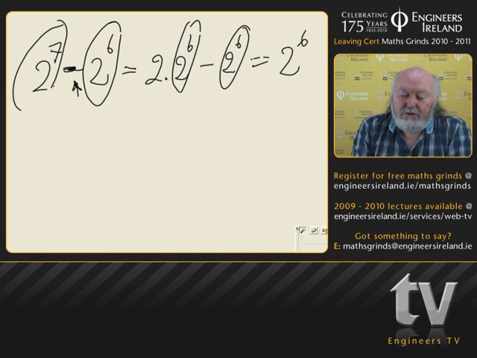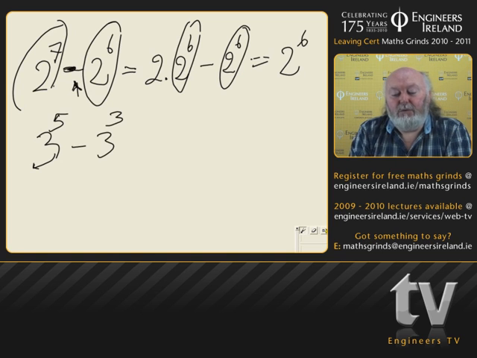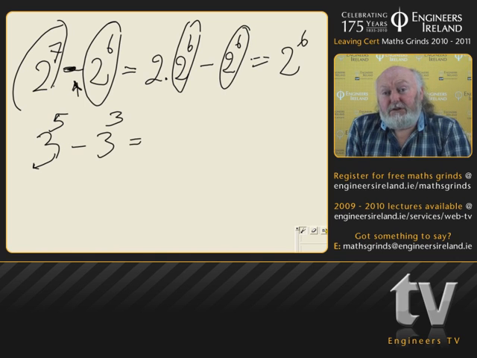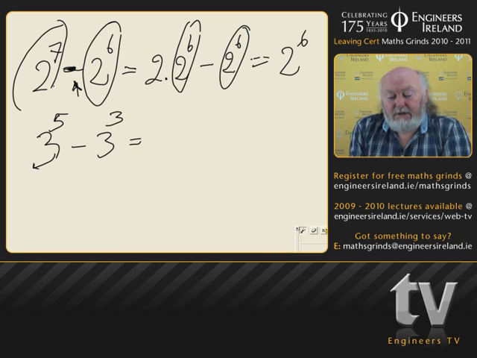Okay, so let's just pick a slightly different problem. If we go 3 to the 5 minus 3 to the 3, what's our game? Our game is to try and show up 3 to the 5 in a fashion that looks like 3 to the 3.